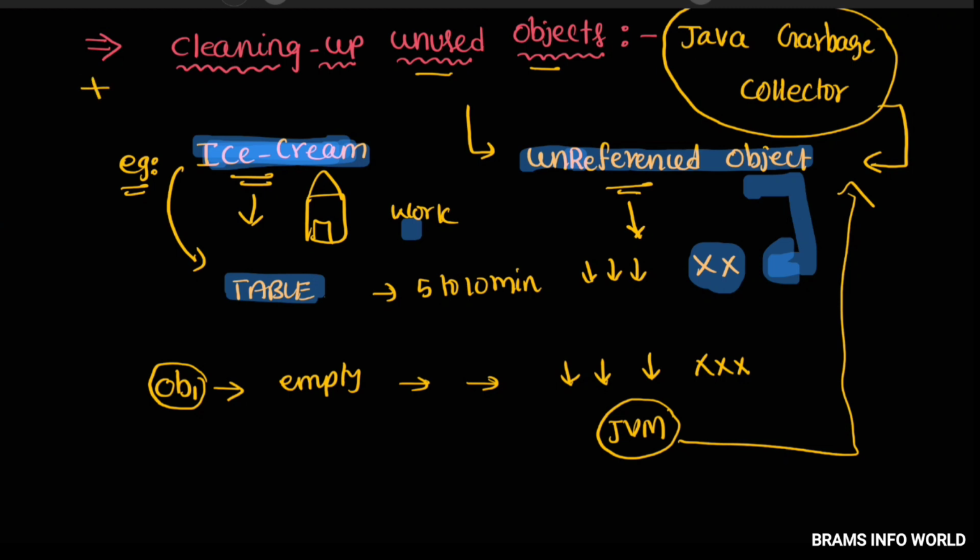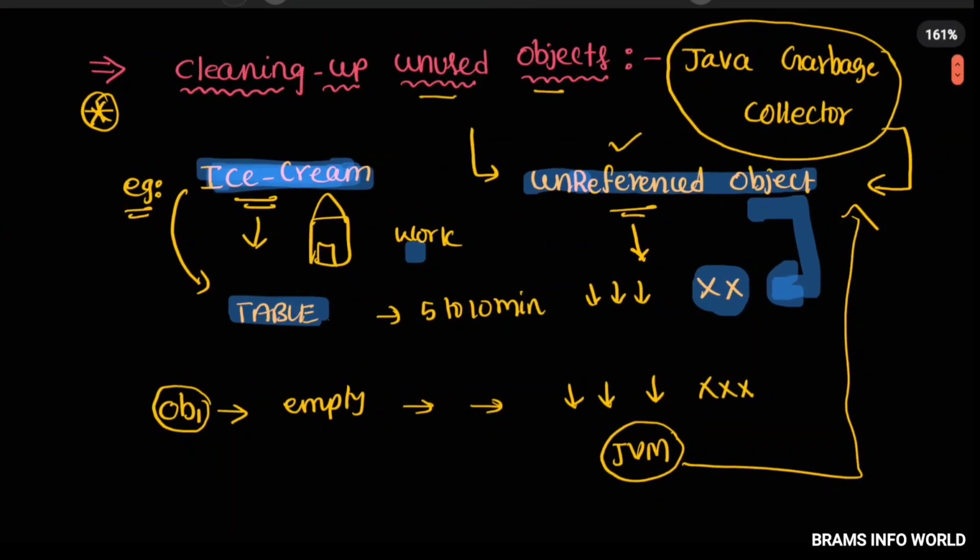From the textbook or examination point of view, cleaning up unused objects means cleaning unreferenced objects, right? I hope you understand the concept of the Java garbage collector. Let us talk in detail about how to process the unreferenced object.